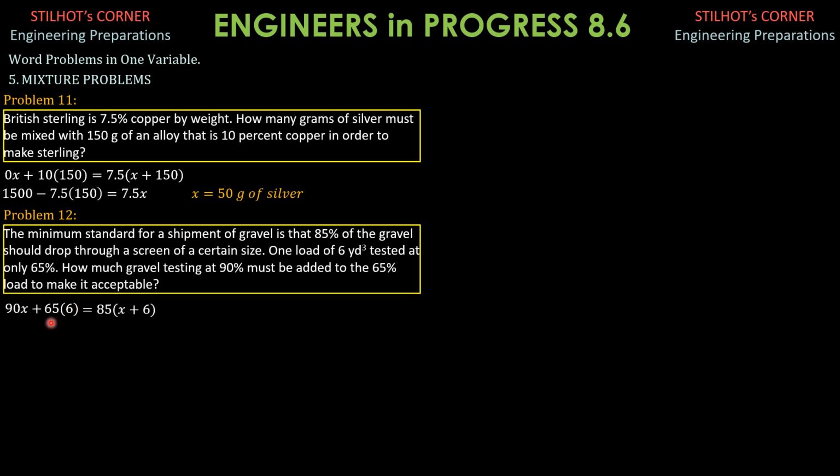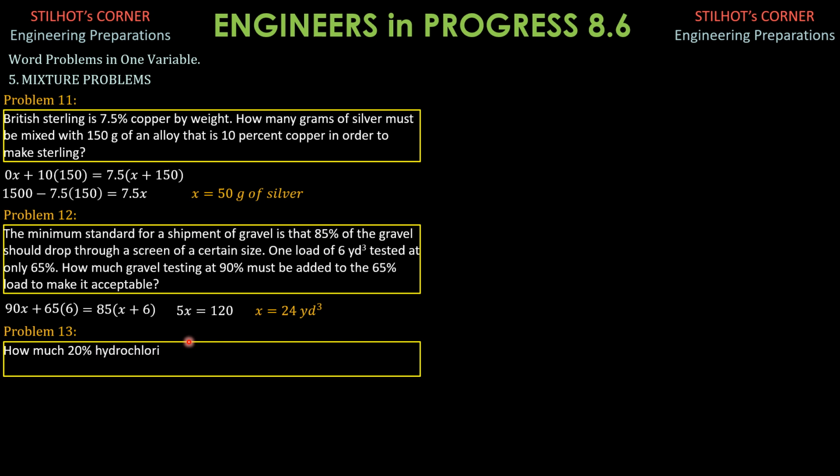So 90x minus 85x is 5x on the left side, and on the right side, 85 times 6 minus 65 times 6, or 20 times 6. 5x equals 20 times 6, or 120. So x is 120 over 5, and that is equal to 24 cubic yards. So that's the amount of gravel testing 90% that should be used for it to be acceptable.